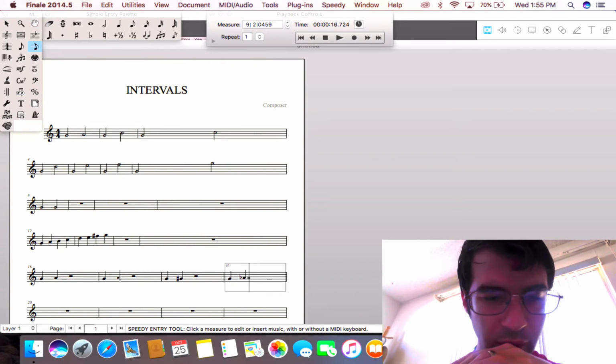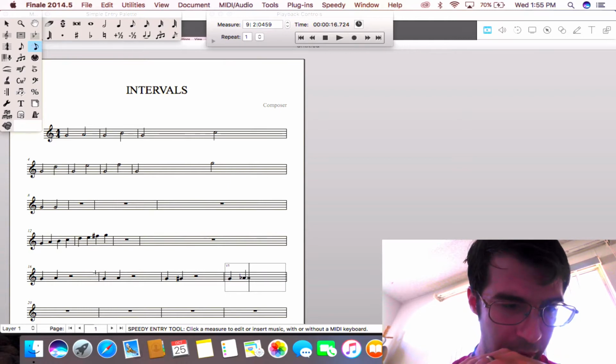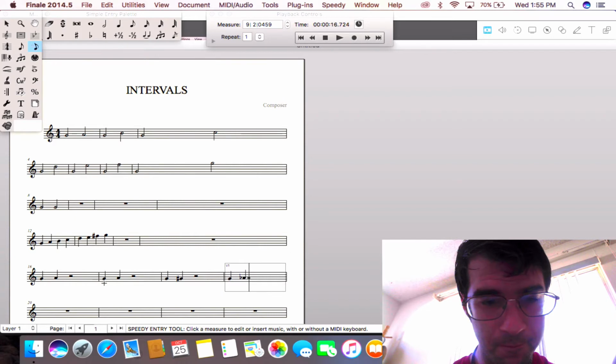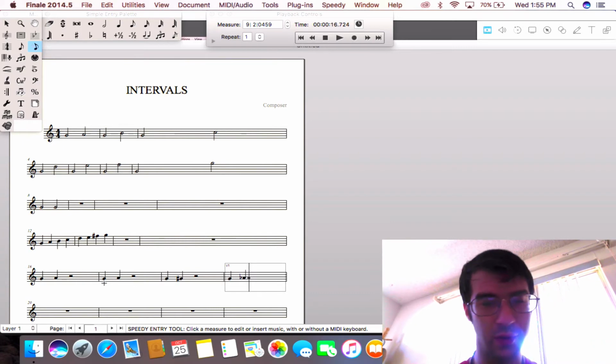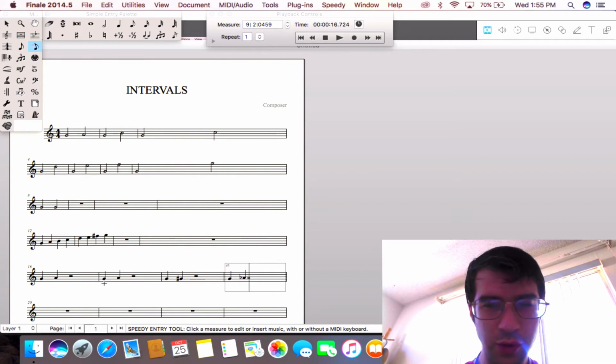Now, this is the confusing part. You have your major second, which sounds like this, but then you have the minor second. It's darker. So it's closer to the G than the major second is. So you'll have two types of seconds.